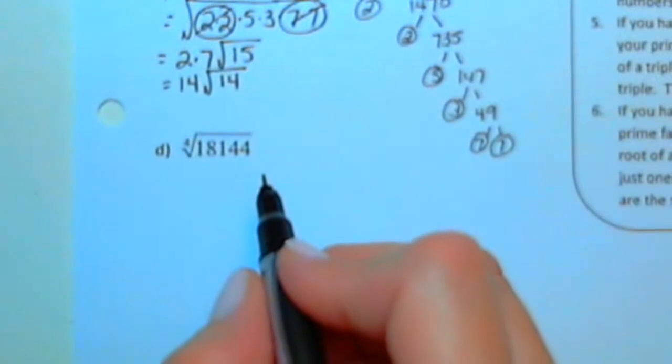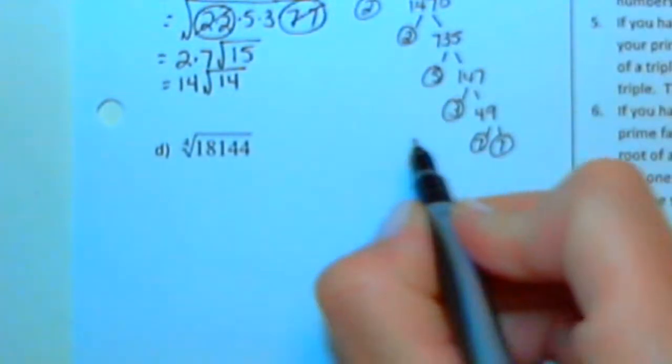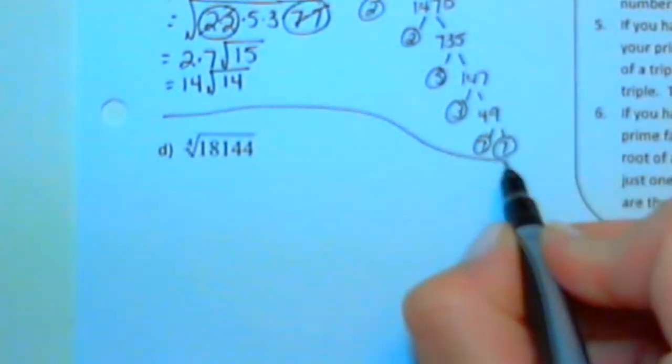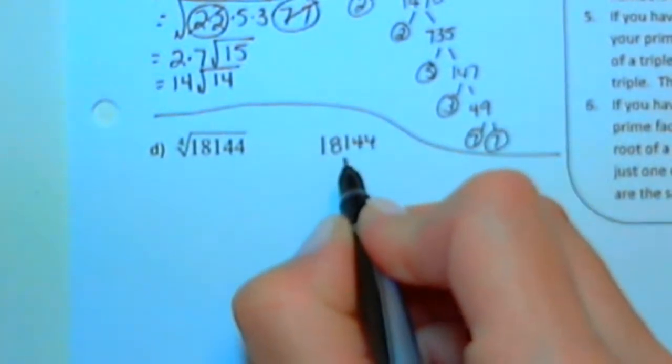Now for this last one, we have a 4th root again, and we're going to show our prime factorization. Let's hope I have enough room here. So let us start right here. I'll draw this line. We have 181.44.